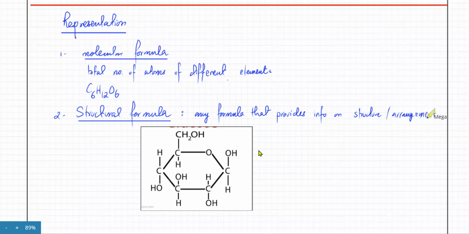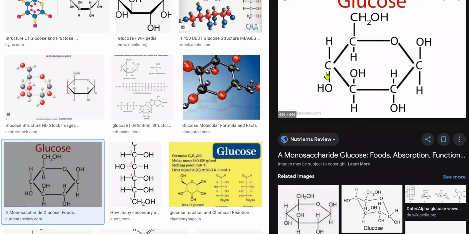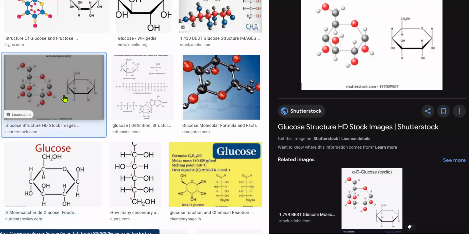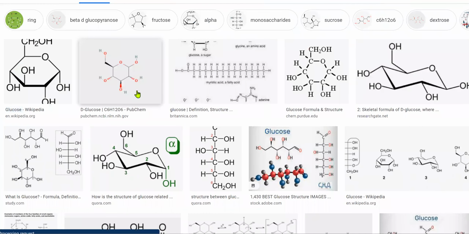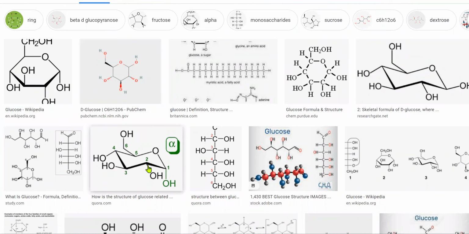If you know how the particles are arranged, there are many different types of structural formulas even. Like for example, we can have a look at this one.